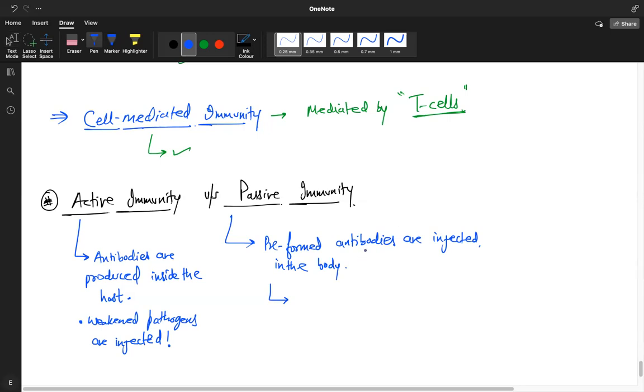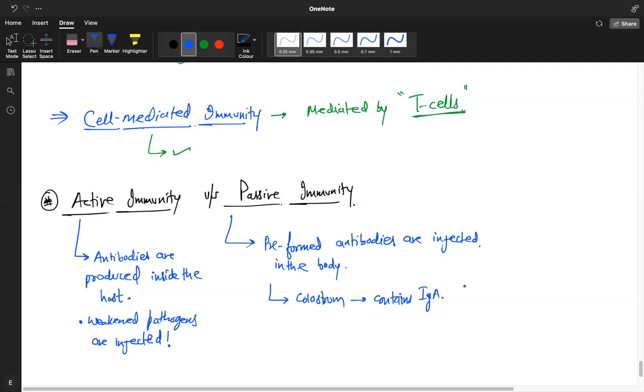So you can write an example: colostrum secreted by mother during lactation contains IgA, immunoglobulin A. It's an example of a passive immunity passed on very early in life from the mother to the baby to protect the baby.